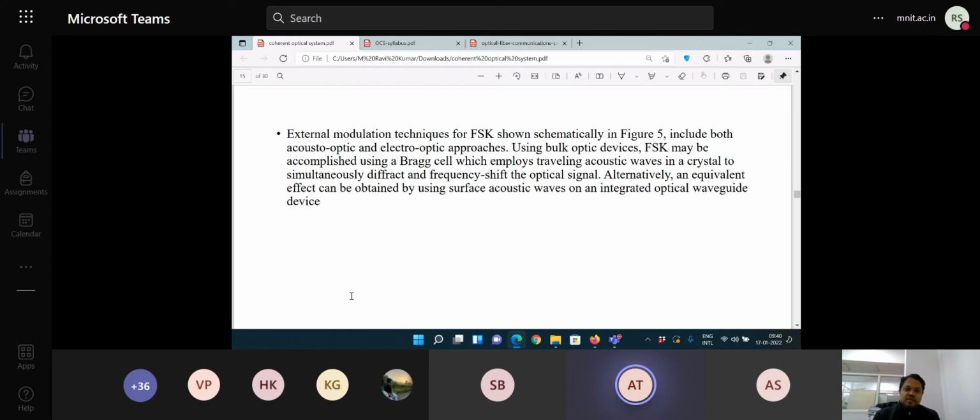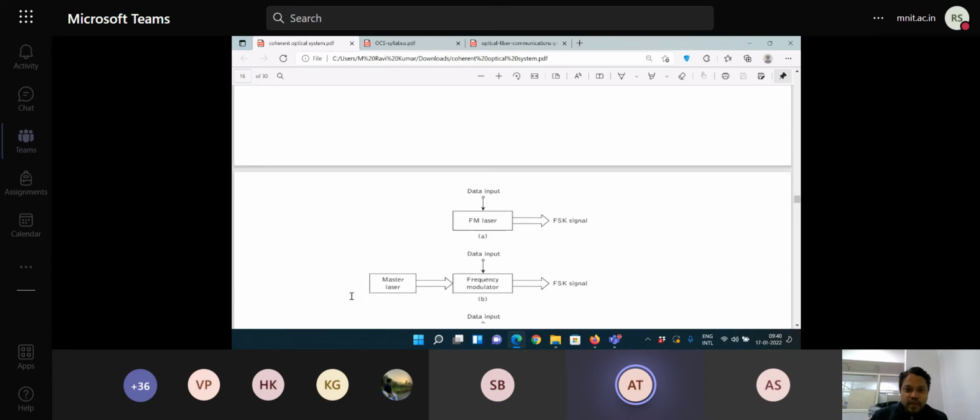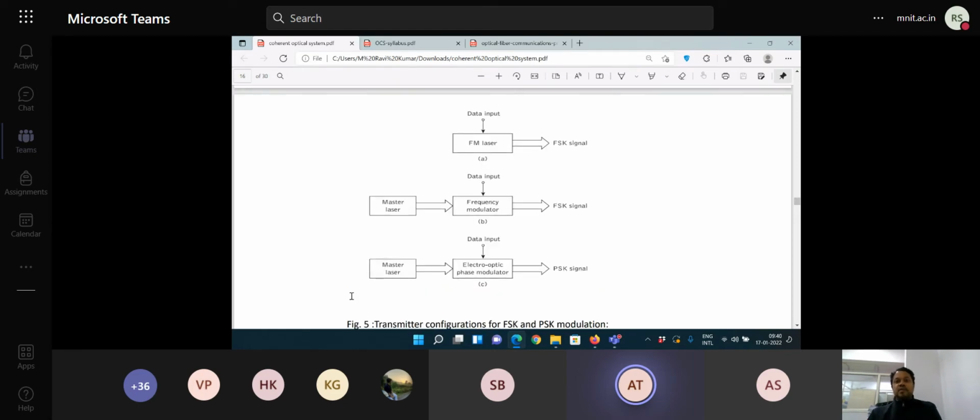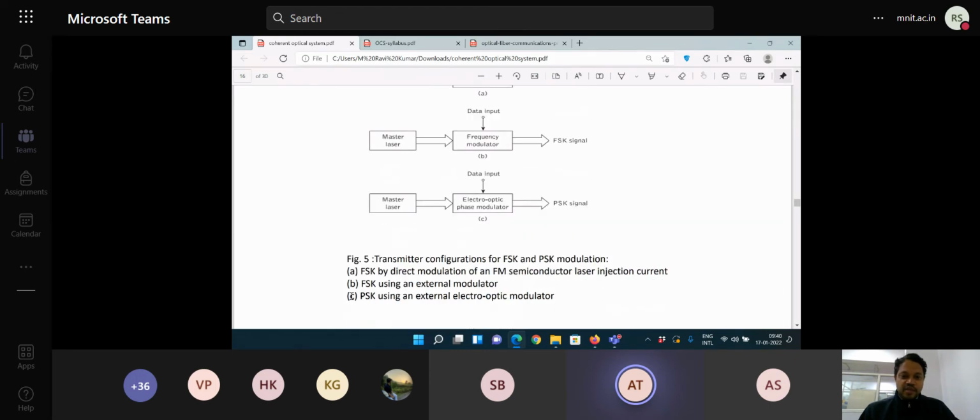Must have gone through this in physics. So the same effect which is observed in Bragg diffraction can be used to have frequency shift keying. So these are different types of modulation, or how modulation can be implemented for FSK and PSK.